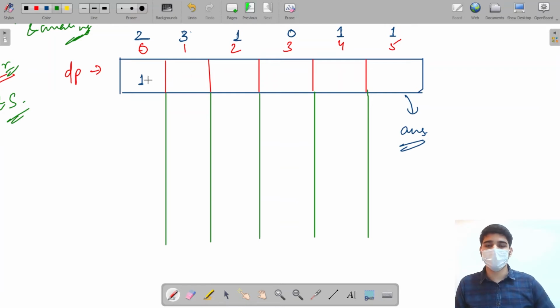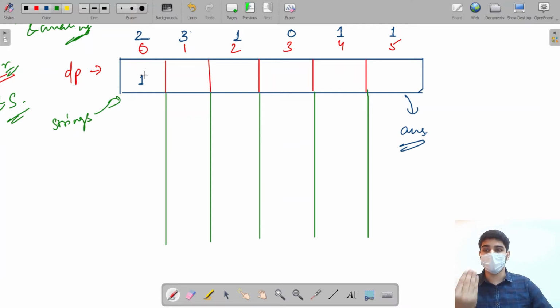I have to move in the forward direction from 1 to 5. As dp of 0 is my base case, I don't have to evaluate it. But in any case, what would be the strings for dp of 0? Over here, I would write the possible encoding strings. So dp of 0 with the letter 2 is b. So dp of 0 has one count, which is b itself.